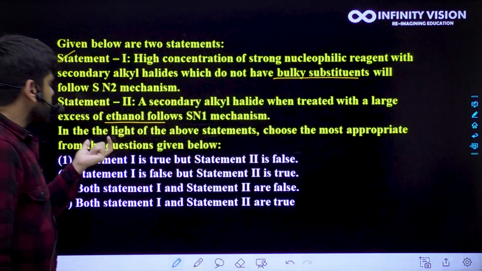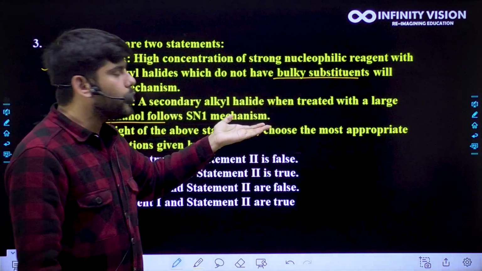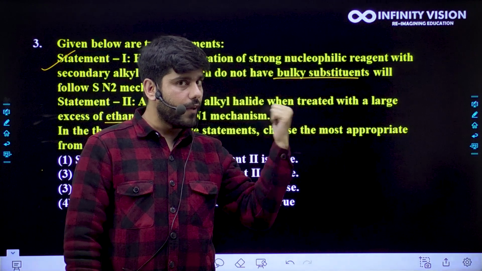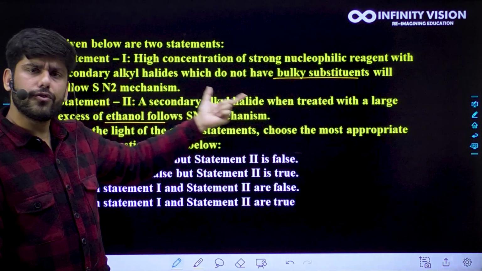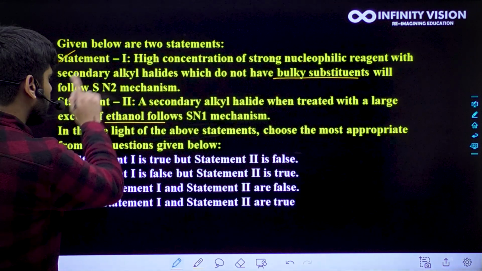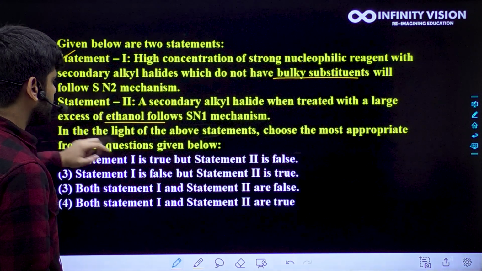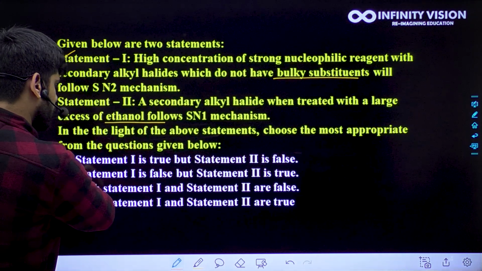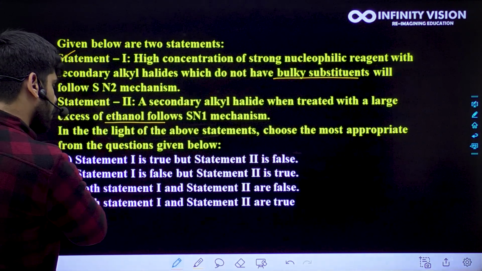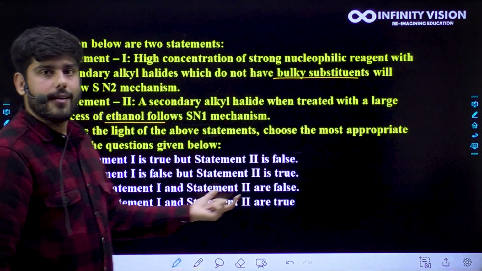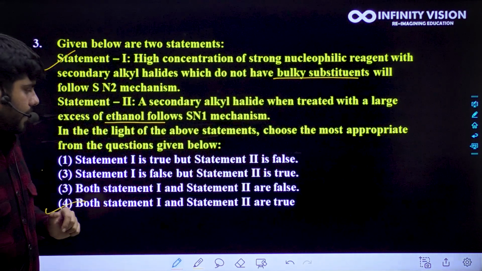So basically solvolysis favors the SN1 mechanism. So this is also correct, right? So both statement 1 and statement 2 are correct. So the fourth is the right answer.